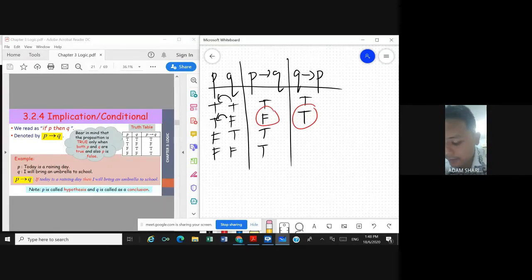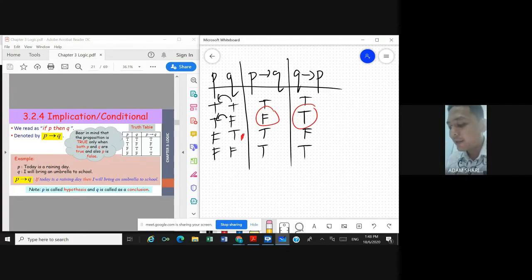The answer, because it must happen at the front first. For the third row, T implies F is F. And lastly, F implies F is T. So this is a good indication.